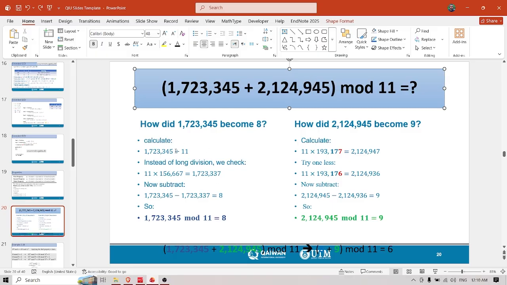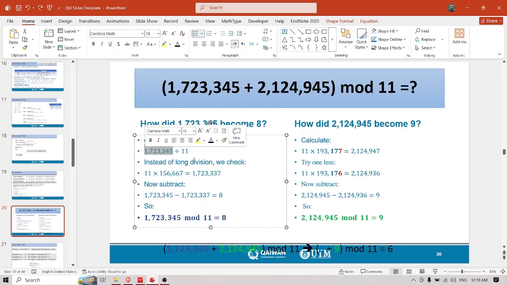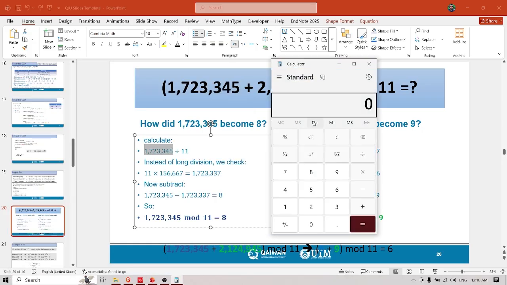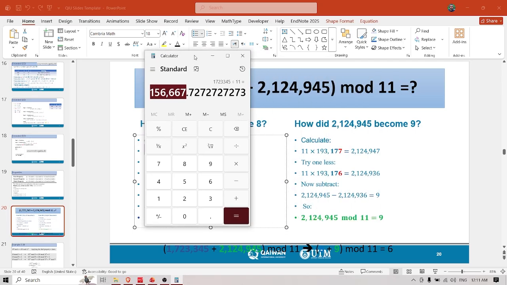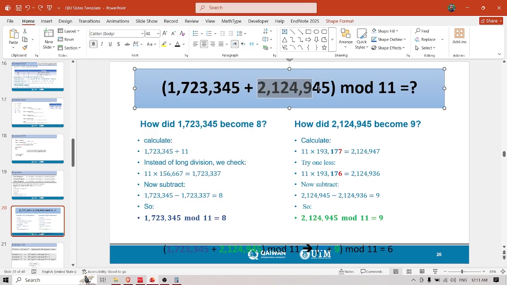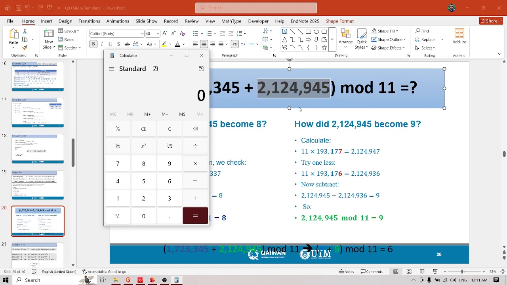Now if you divide this number, we will use a calculator, divide by 11, you will get this number, 156,667. We will only take this whole part of it. How about this one? Let's divide this number by 11.